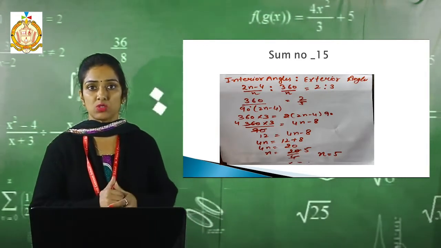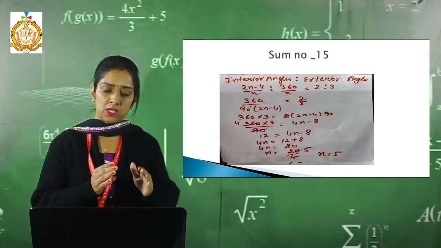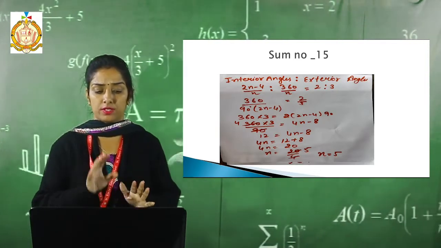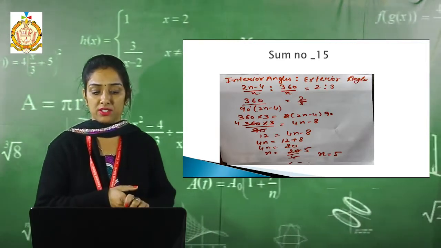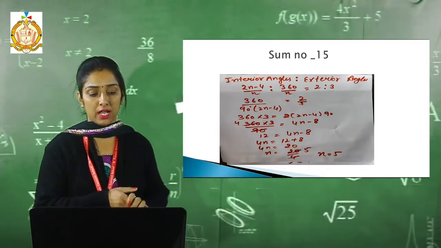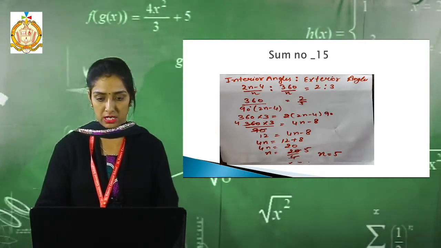That is 360 divided by n. Now what is the ratio? The ratio is 2:3. Simply you just solve it. Now 360 taken that side and 90 into (2n minus 4) is equal to 2 upon n, and after solving it you get the answer. Okay, it's very easy calculations.